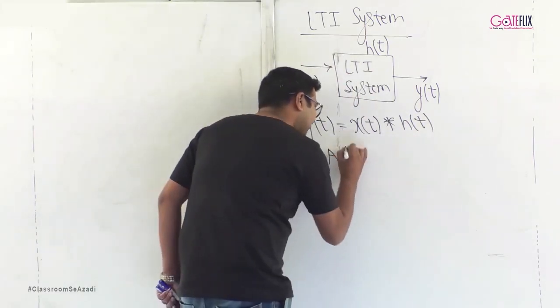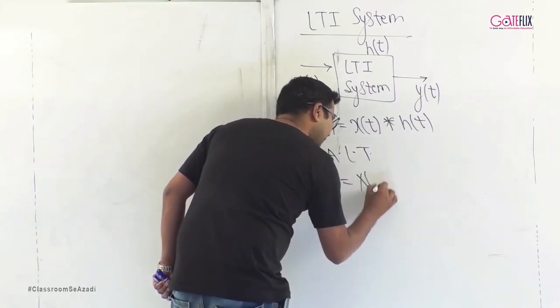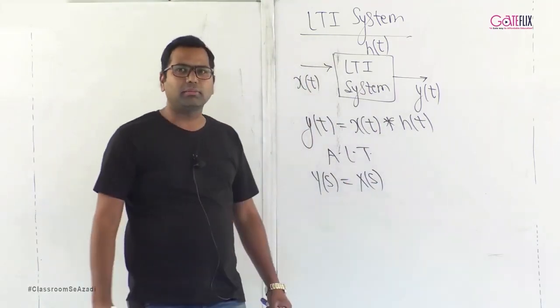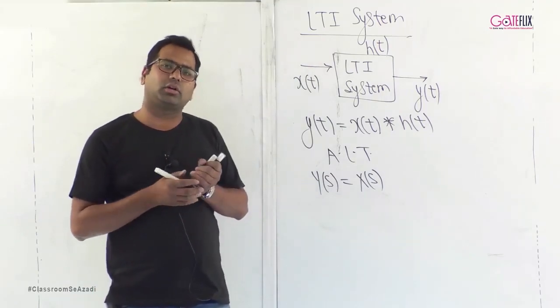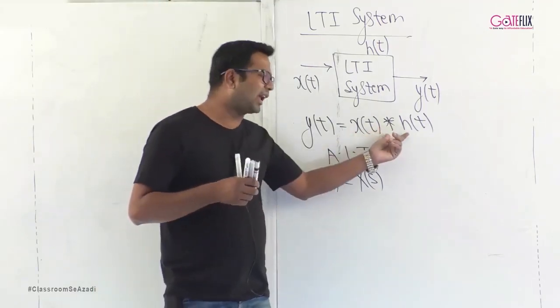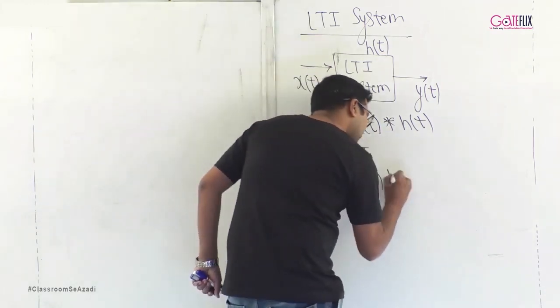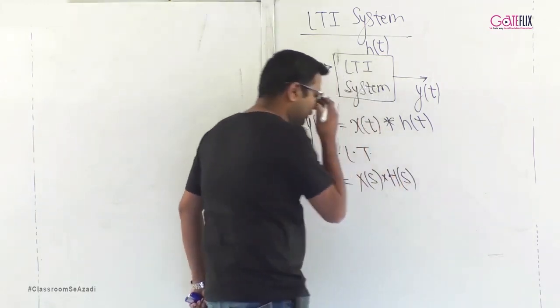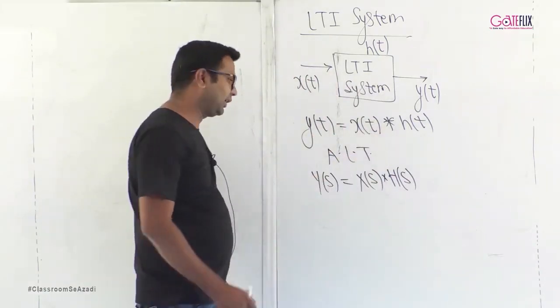If you apply the Laplace transform, y of t becomes y of s, x of t becomes x of s. From the properties of the Laplace transform, the last property was the convolution property: convolution in time becomes multiplication in the s domain. Therefore, this becomes capital X of s multiplied by H of s.